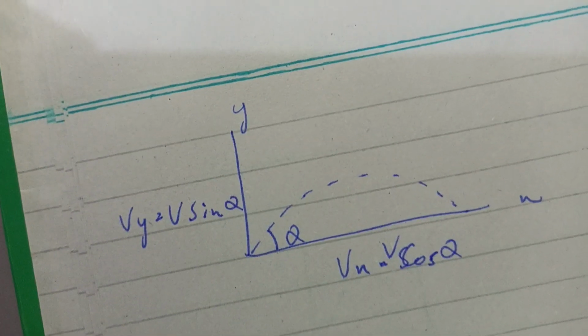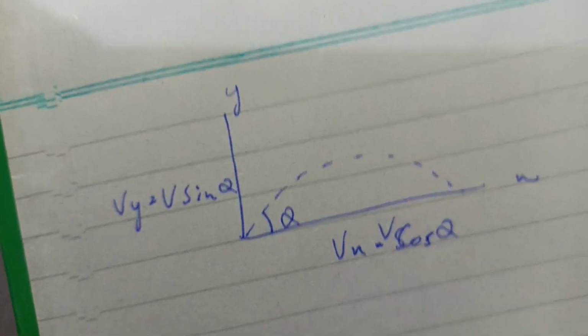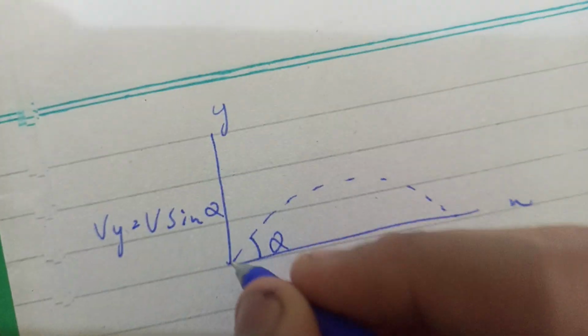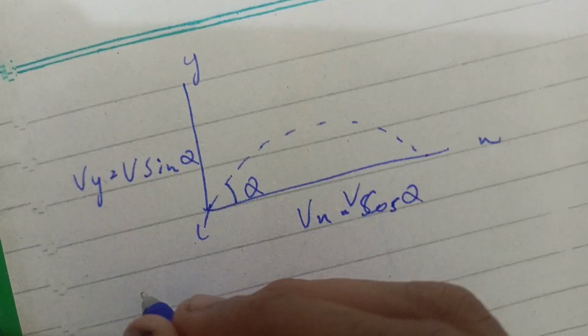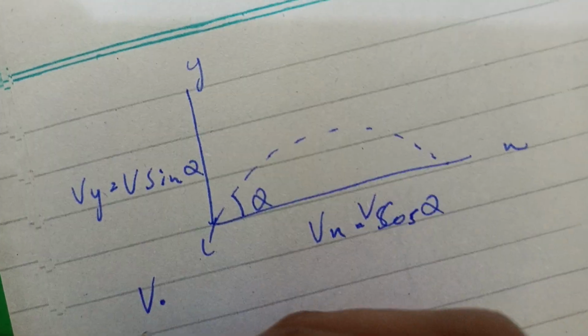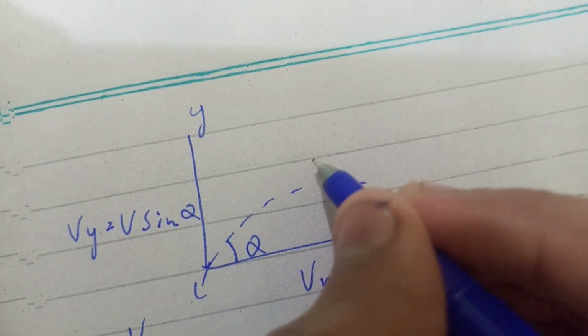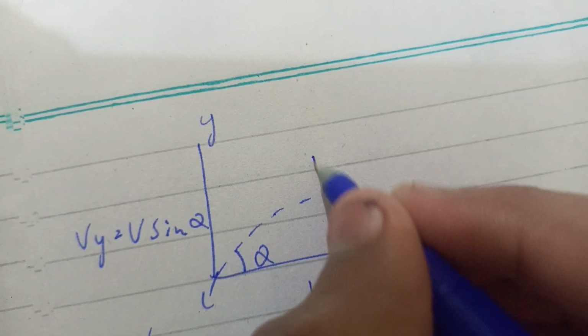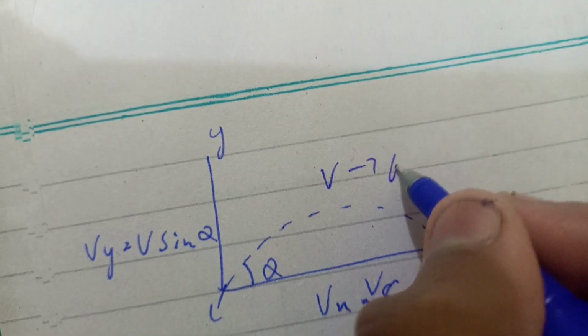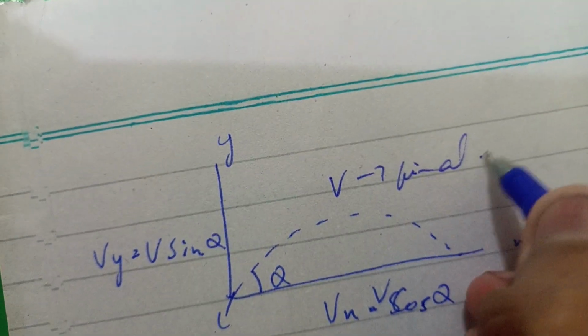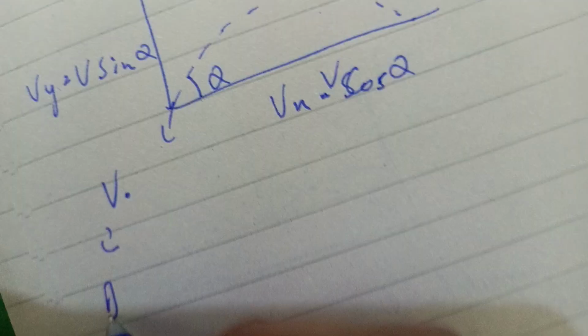We represent these as Vx and Vy, and this point, the initial velocity, will be called V naught. And if you talk about this other area, we'll just say V. This is the final velocity, and this is the initial velocity.